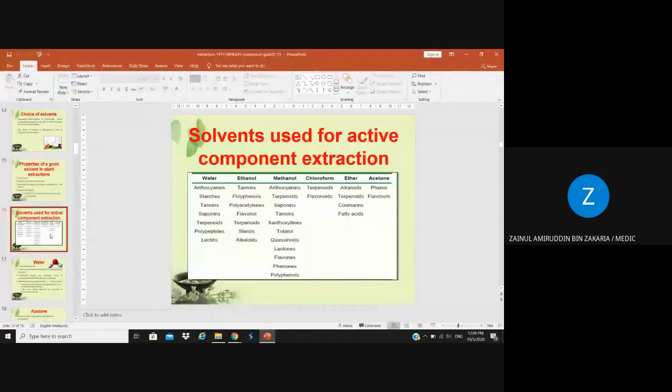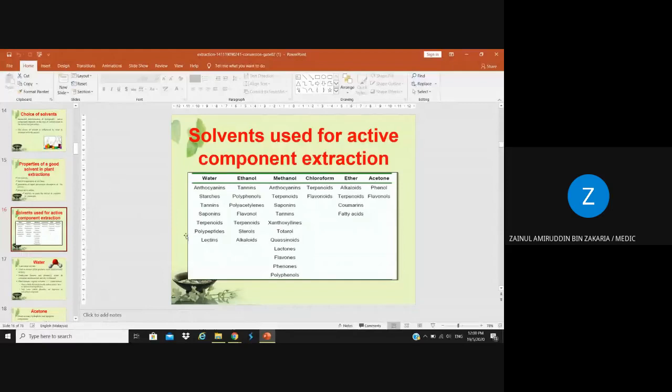So this is the type of solvent that can be used to extract different types of bioactive compounds. Depending on what you are targeting, you can choose one.